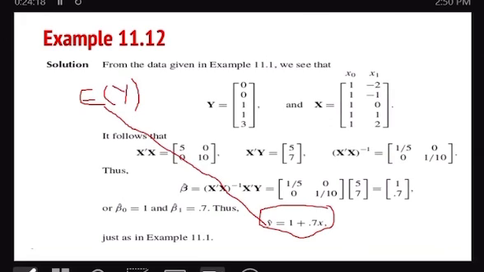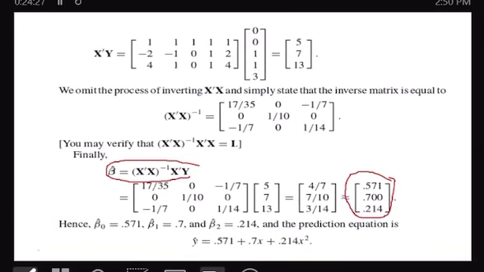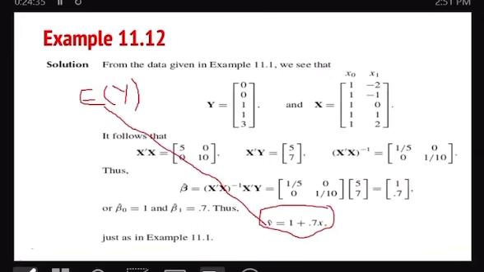But here we now want to see what is going to happen if we consider the quadratic effect. Now, when we consider the quadratic effect, you're going to see that initially the beta one was 0.7. If I go back, let me see if it is the same question.